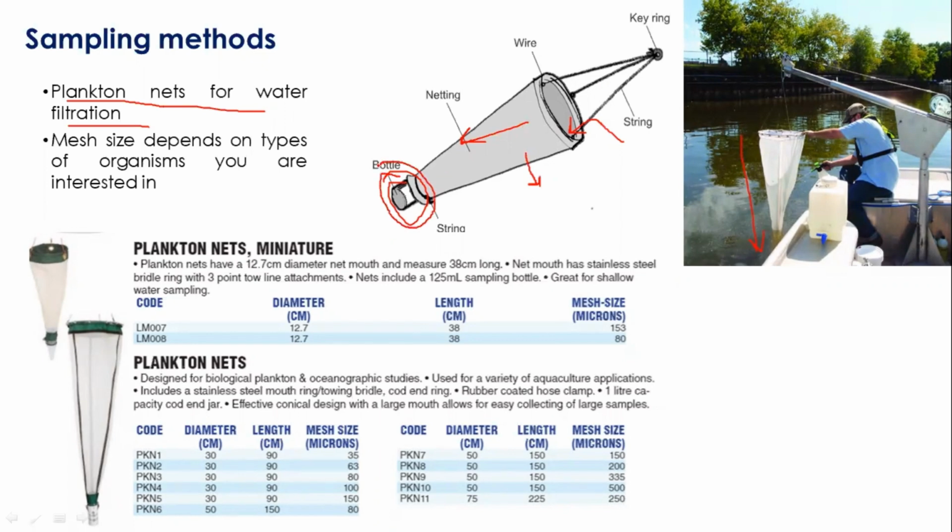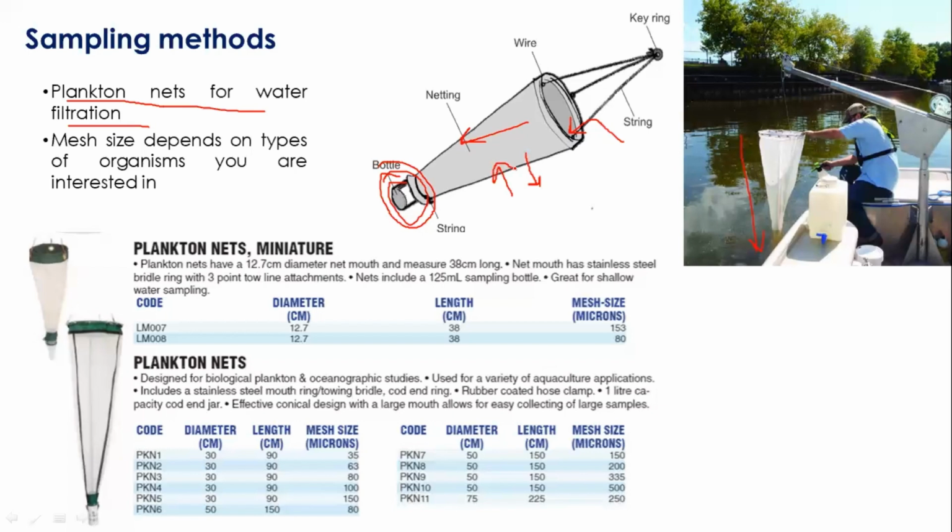Anything smaller than that particular net size will go out, and anything bigger than that will start accumulating in the bottle. If you remember what I taught, plankton can be of different sizes. It can be femtoplankton, nanoplankton, microplankton, mesoplankton, and so on, right? The mesh size depends on what you want to study.